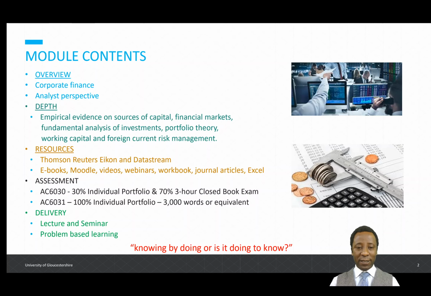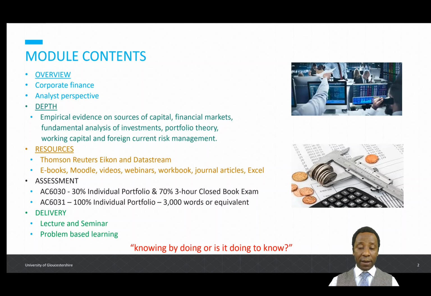So what are the contents of AC6030 and AC6031, and how do they differ? In terms of content, we adopt two perspectives when we look at finance at level 6. We adopt the corporate finance perspective, which means that we look at financial decision making from inside business organizations.